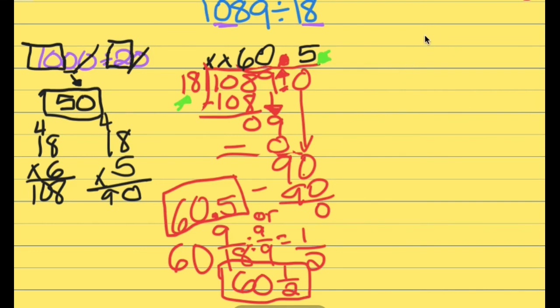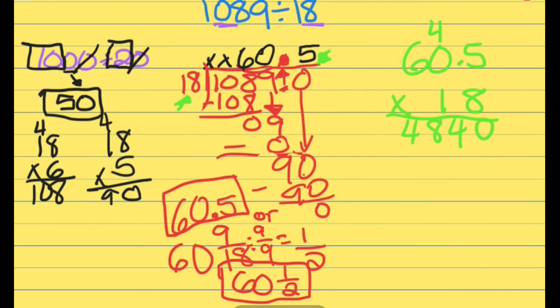So 60.5 multiplied by 18. We know 8 times 5 will give us 40. We'll bring down the 0 and carry the 4. Then 8 times 0 gives us 0 plus 4 gives us 4. Then 8 times 6 gives us 48.